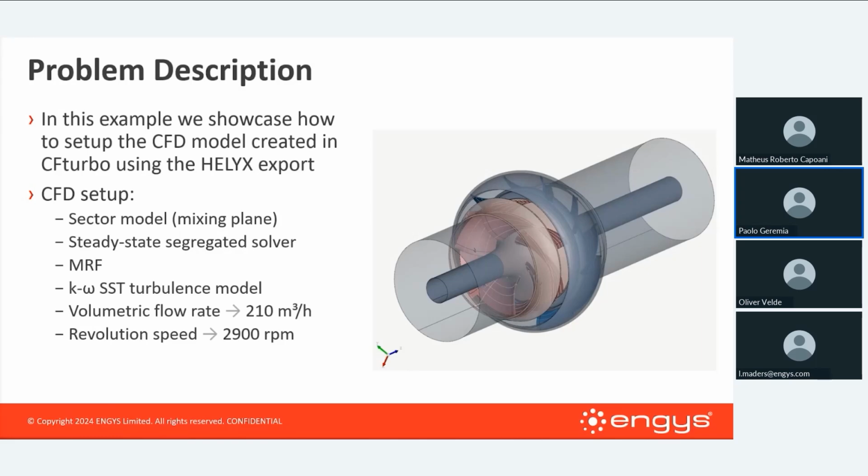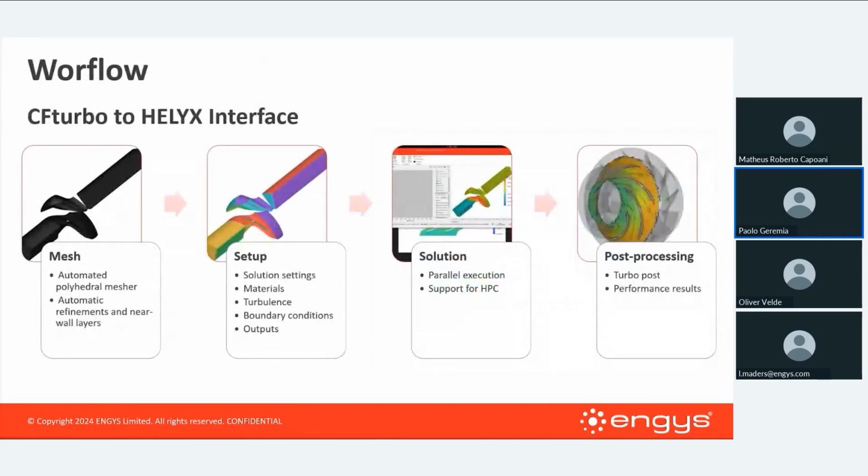In terms of physical modeling, we're going to use a k-omega SST turbulence model with curvature correction. For boundary conditions, we will apply a volumetric flow rate at the inlet equal to 210 cubic meters per hour, and the impeller is rotating at 2900 RPM, as defined in the CFturbo model earlier.